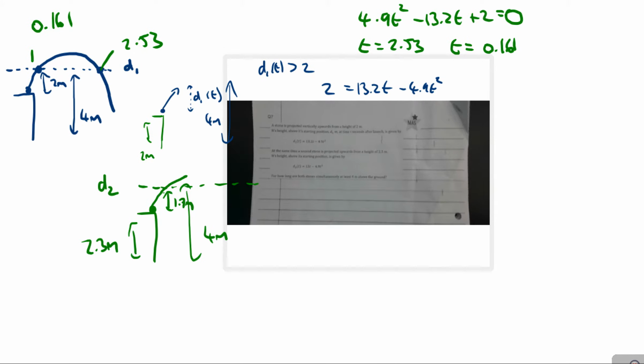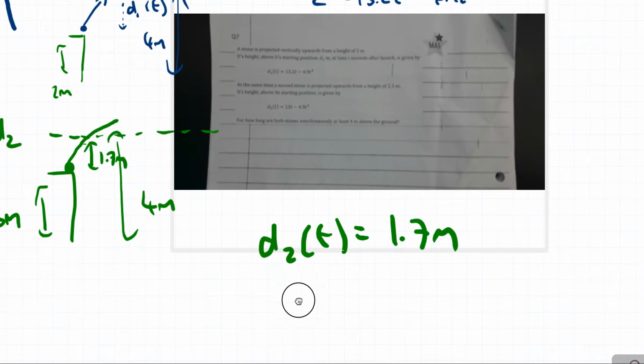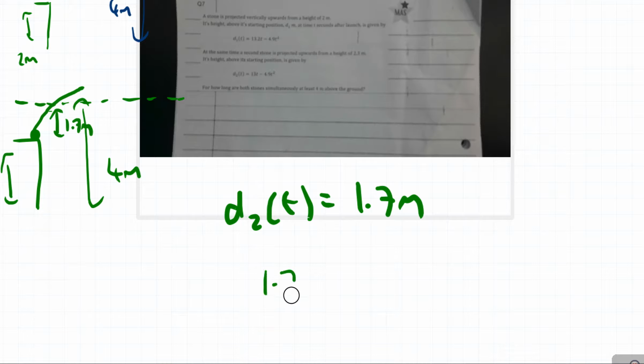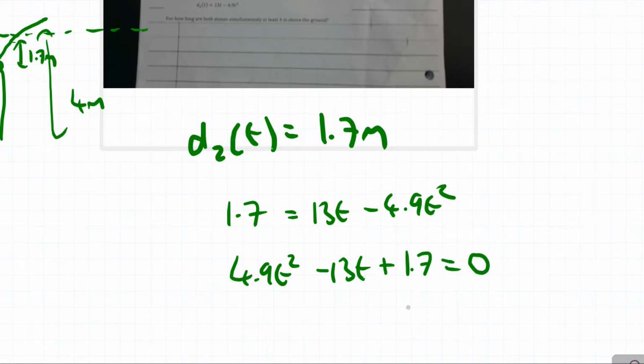So at this position we say that d2(t) is equal to 1.7 meters, and again we solve to find the t values where this occurs. We plug in the same values and rearrange: 4.9t² - 13t + 1.7 = 0.